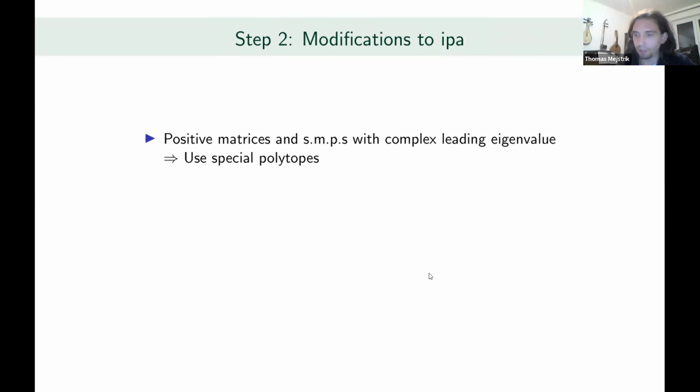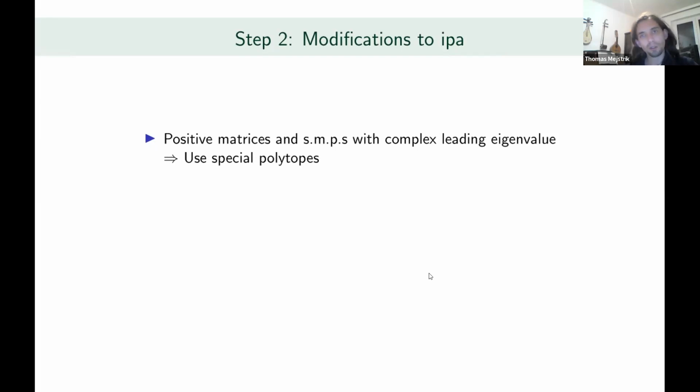There are probably more special cases, but currently we have two. So if all input matrices are positive or non-negative, then we can construct the polytope, which is much larger. And so the algorithm is much faster because more points are mapped into the inside.